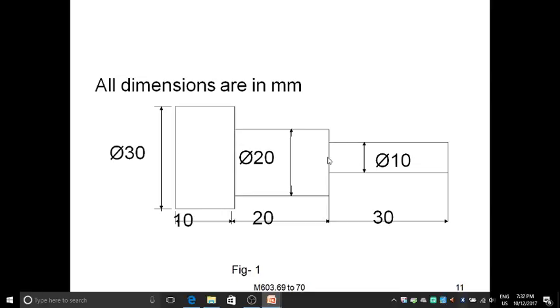And similarly, you come back to the 30 mm cross section and 10 mm cross section. The fin is also projected on the 30 mm diameter as well as the 10 mm diameter, extreme left and extreme right. So that length is 30 mm and 10 mm.